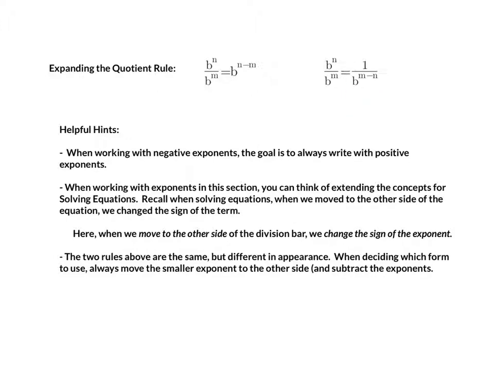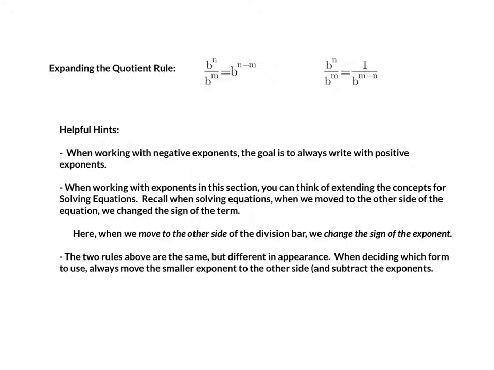The reason that we want to be comfortable with both directions is that when working with negative exponents, the goal is always to write with positive exponents, which may not necessarily always be in the numerator. When working with exponents in this section, you can think of extending the concepts for solving equations.